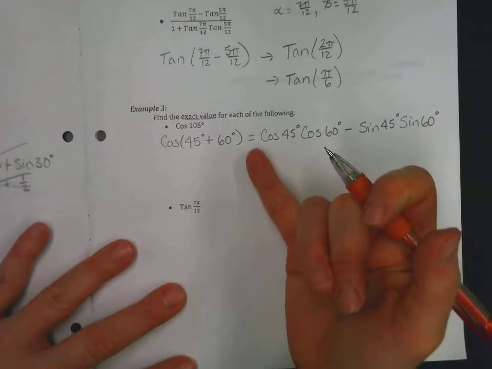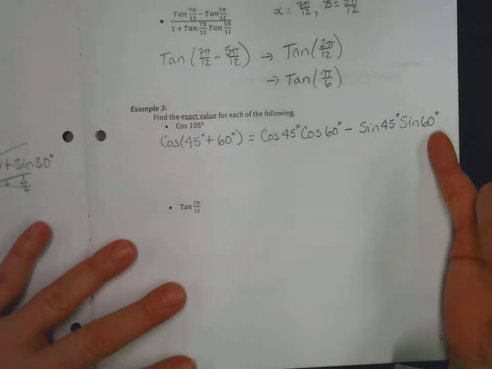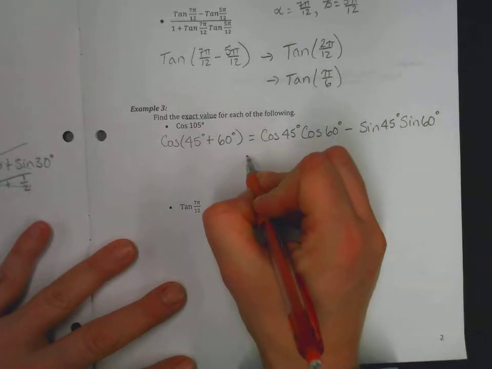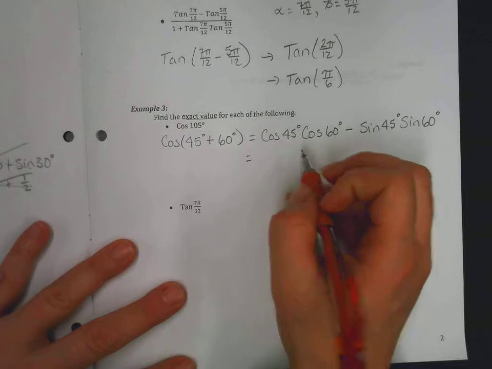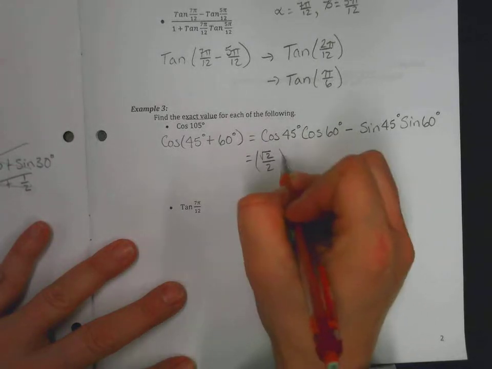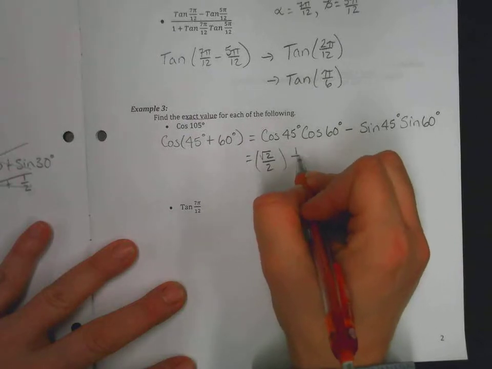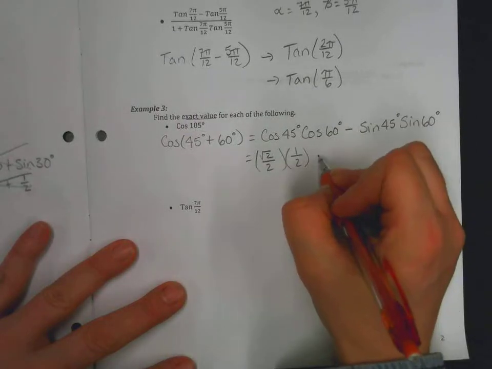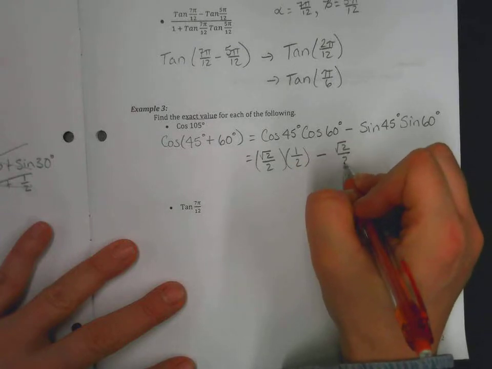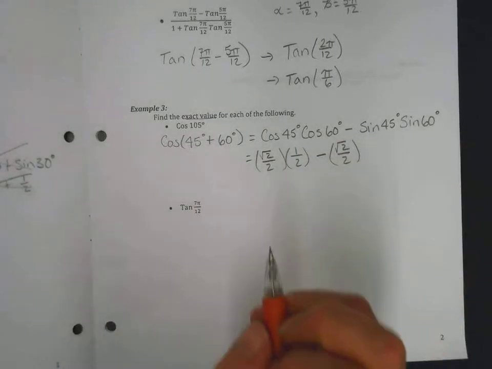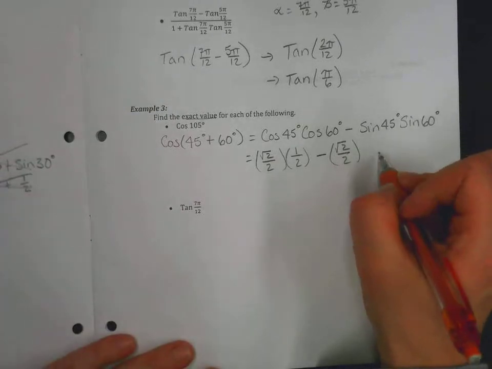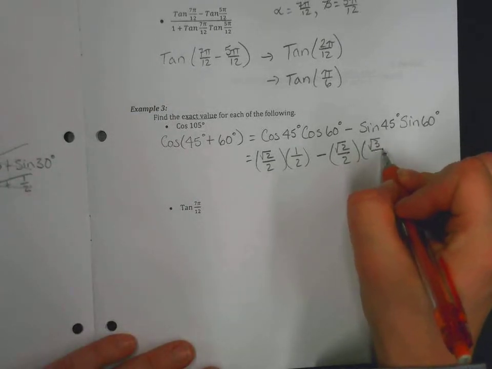So now that I've written this in my sum and difference identity, we're going to go to our unit circle and look these ratio values up to get our exact ratio for cos of 105. So cos of 45 is root 2 over 2. Cos of 60 would be 1/2, minus sine of 45 is root 2 over 2. And sine of 60 is root 3 over 2.